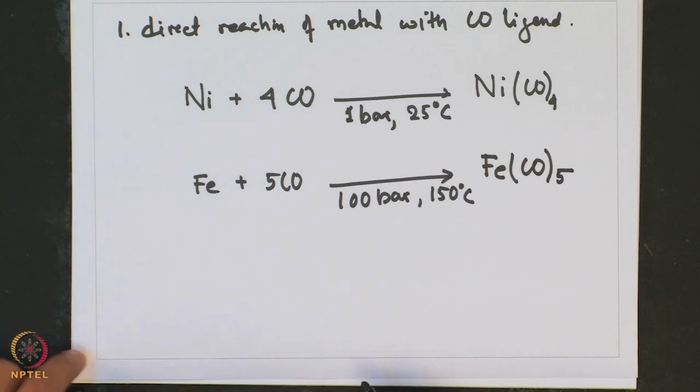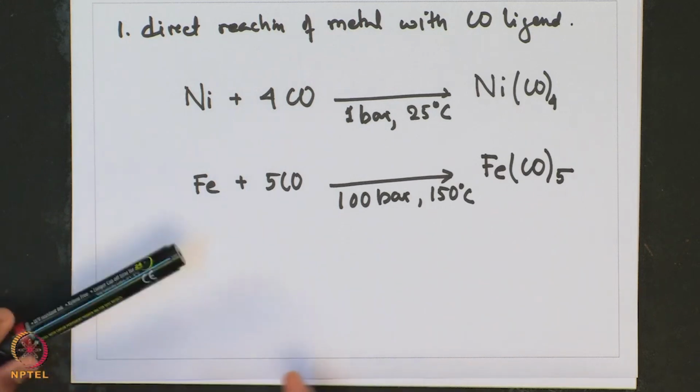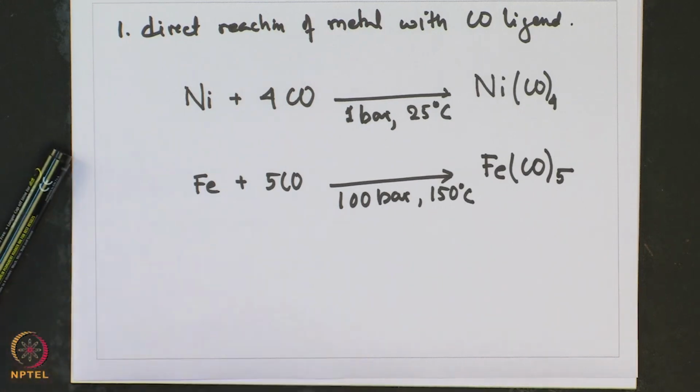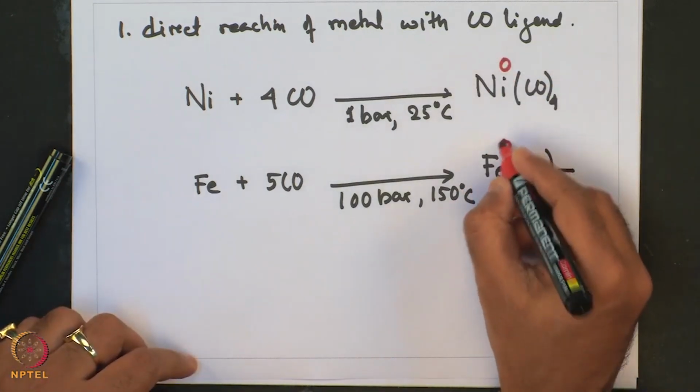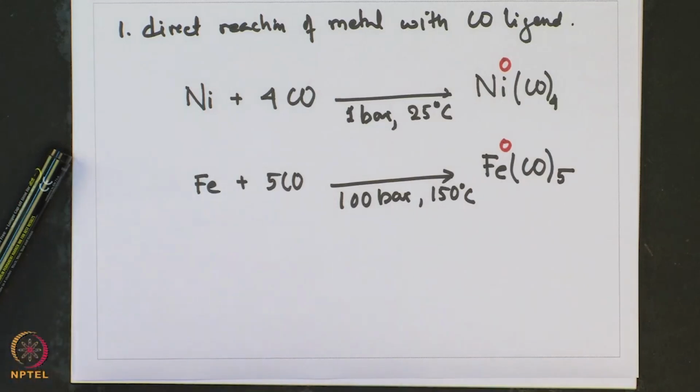And this shows that one can indeed make binary transition metal carbonyl complexes of late transition metals by direct reaction of the metal with carbon monoxide gas. The high electron density of the metal, because of its low oxidation state, indeed the oxidation state of the metal is 0 for both examples, facilitates metal to ligand pi back donation.